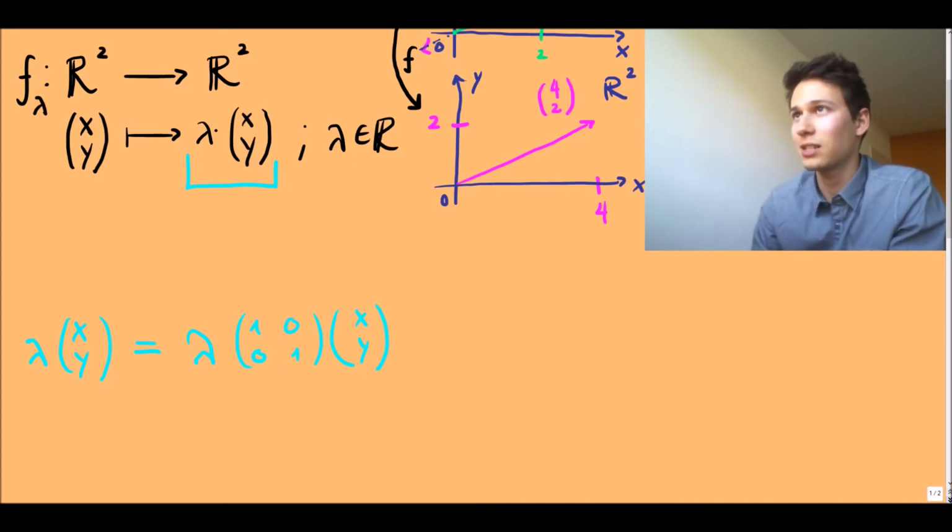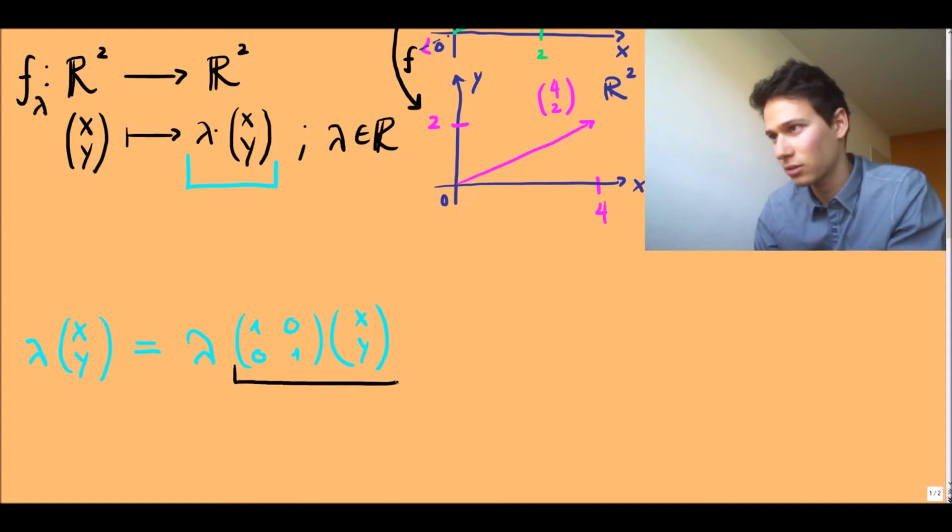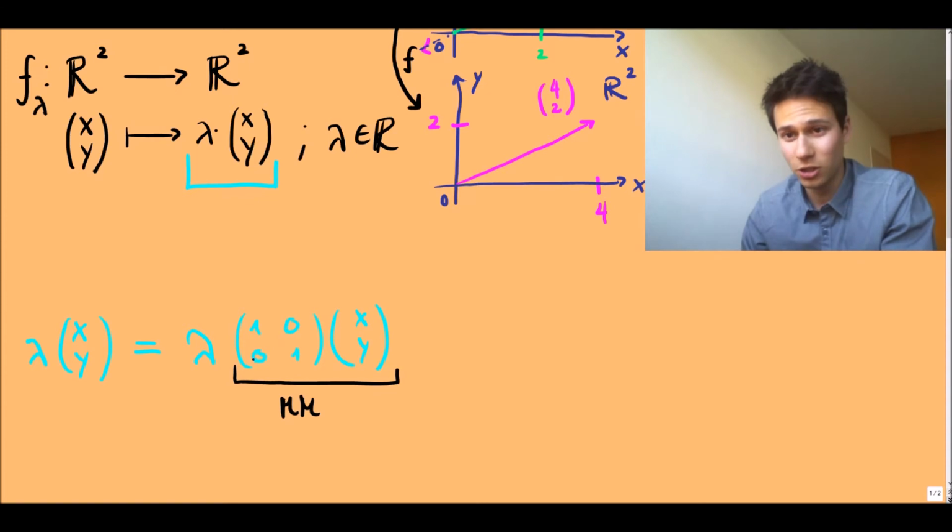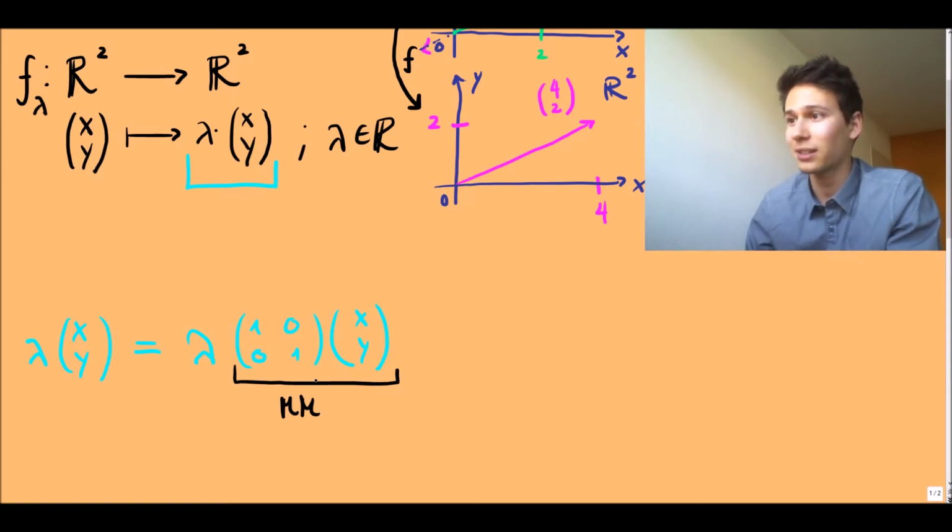So this again is a matrix multiplication. And you see that if you do this matrix multiplication, you would get back exactly the vector x, y. So this matrix here is the so-called identity matrix, which we write down like this.